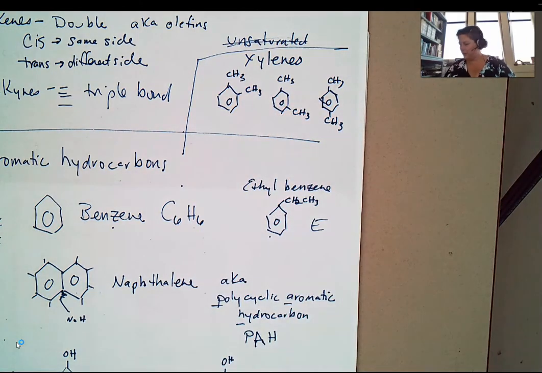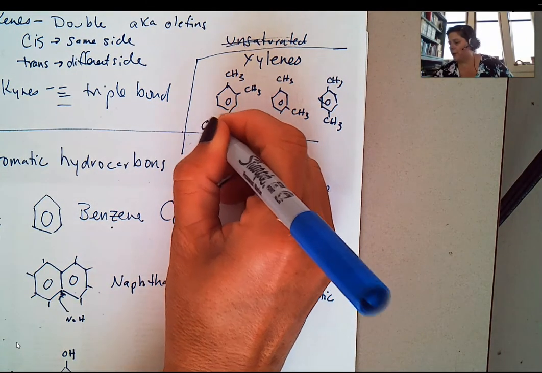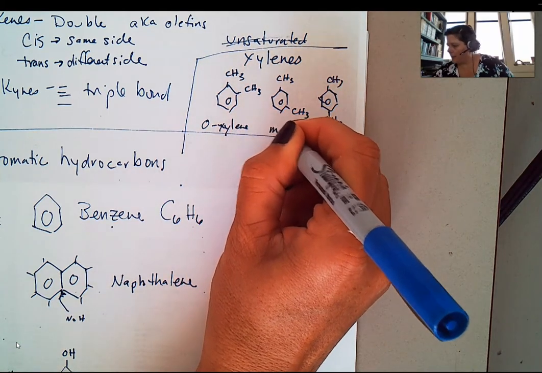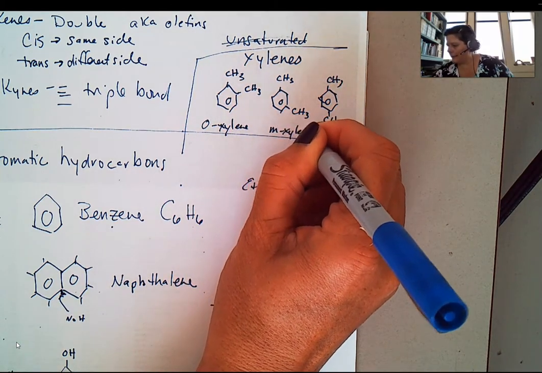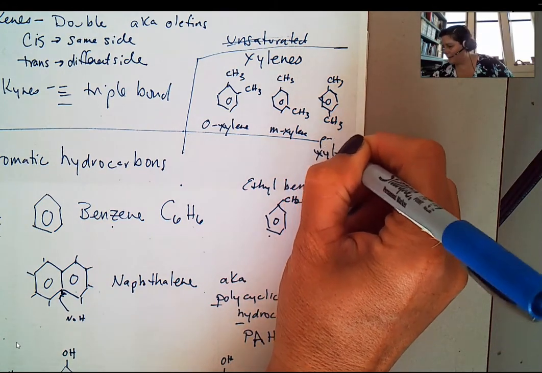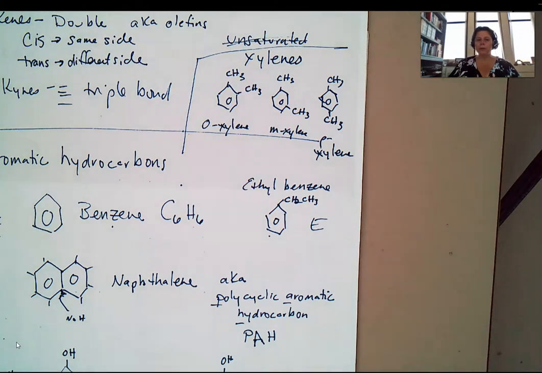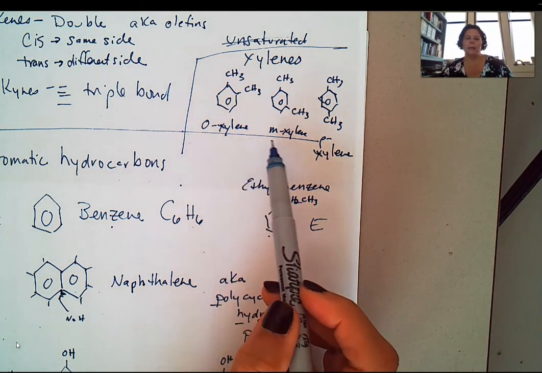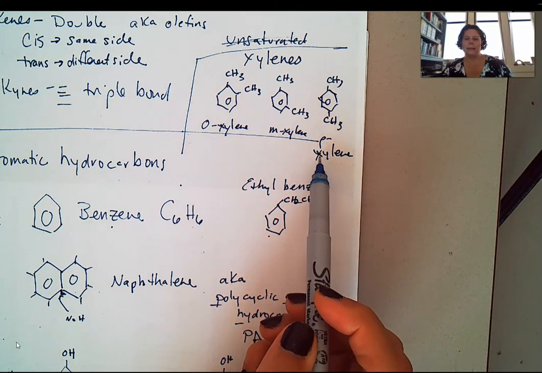But what we usually just refer to those as is O-xylene, M-xylene, and P-xylene. So we don't usually write out the word orthoxylene. We just usually put O-xylene, M-xylene, and P-xylene.